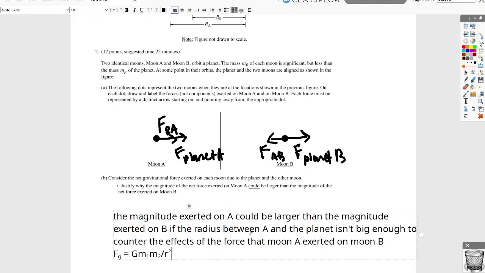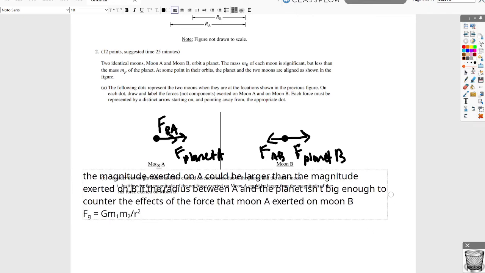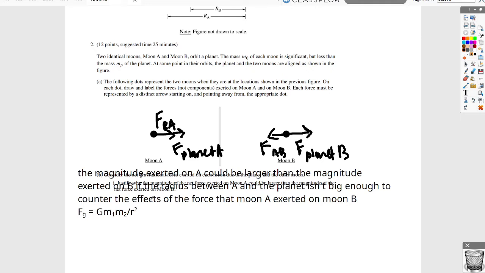What I'm basically trying to say is, if F of planet on B minus F of AB is smaller than, so if this is big enough, it will make this smaller than the force of B exerted on A plus the force of the planet exerted on A.